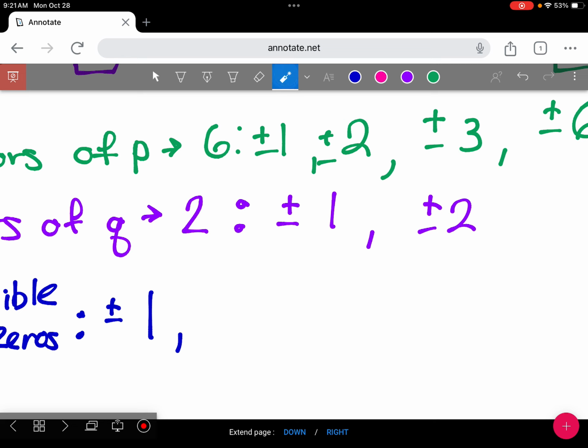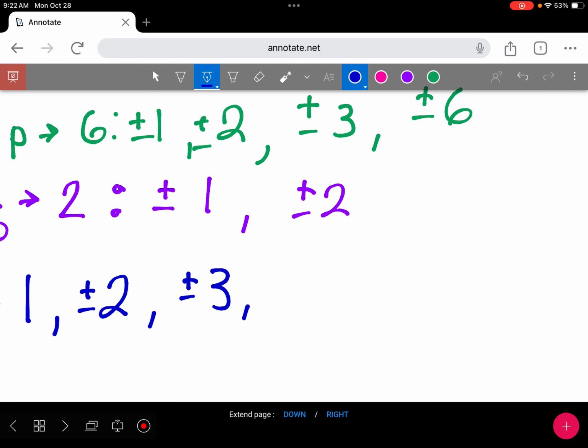Or plus or minus 2 over 1. Plus or minus 3 over 1, which is the same thing as 3. We're going to have our plus or minus 6 over 1.